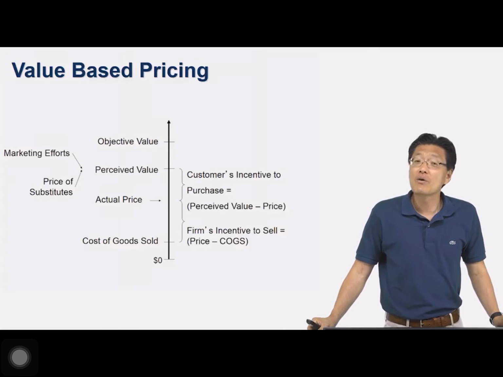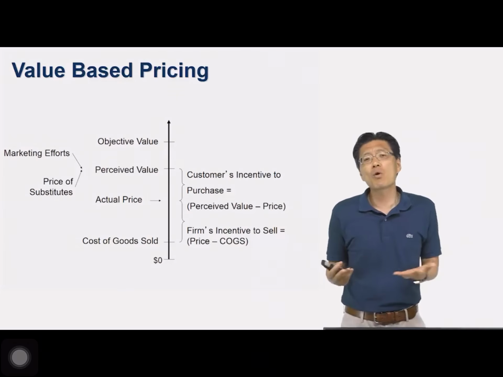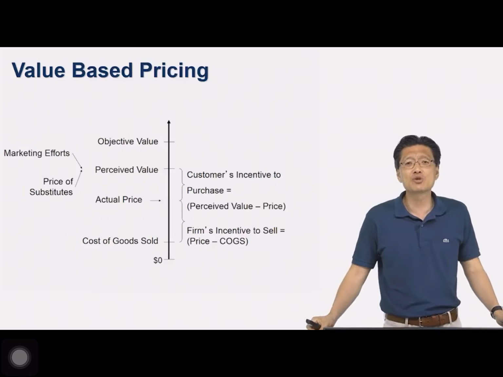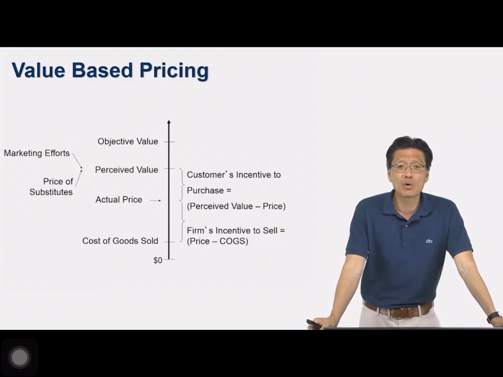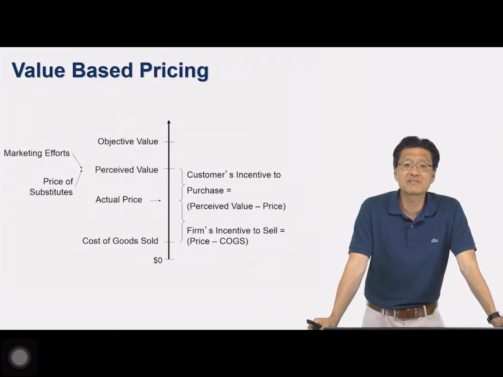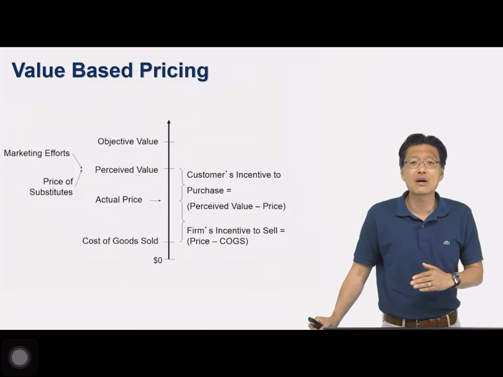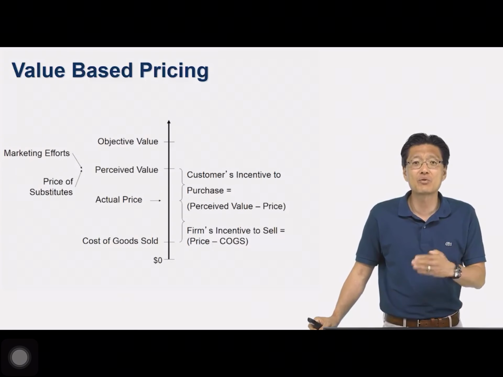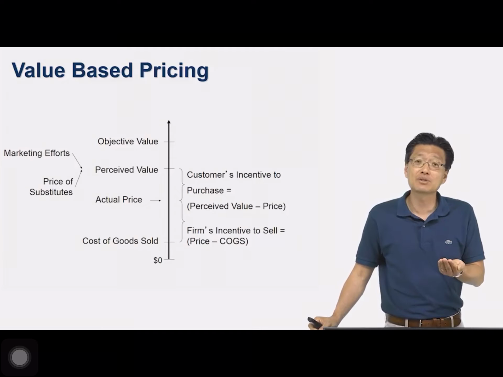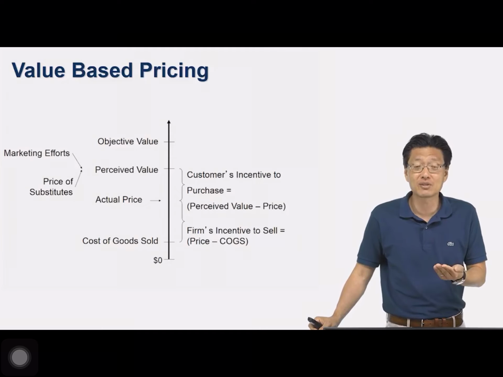So, to the left there, we have marketing efforts and the price of substitutes. One of the things this slide shows you is the contribution and the role of marketing, where the role of marketing is, through marketing efforts, to increase perceived value. So if companies can move that perceived value upwards, closer to objective value, through marketing efforts, then they're going to be able to charge a higher price.